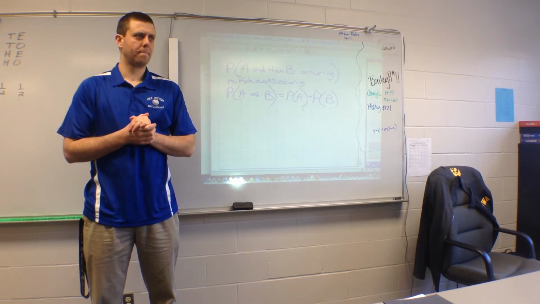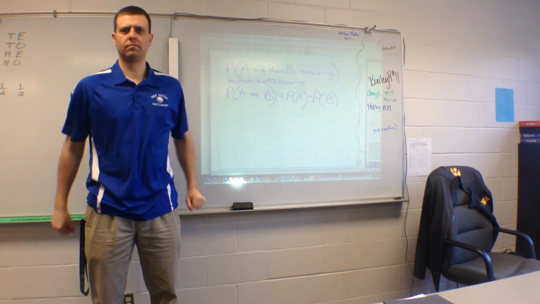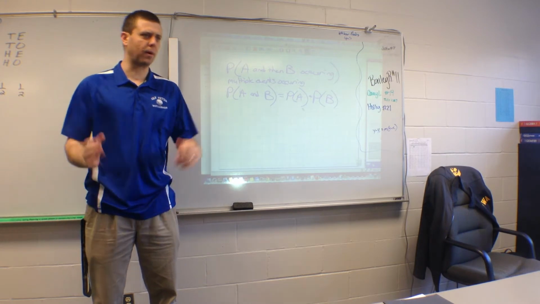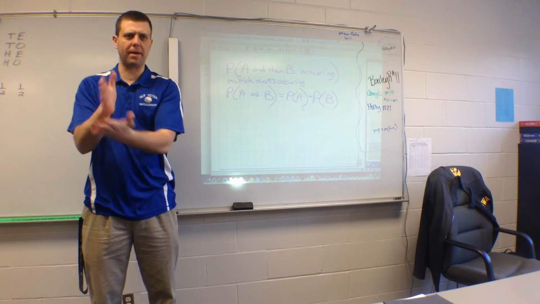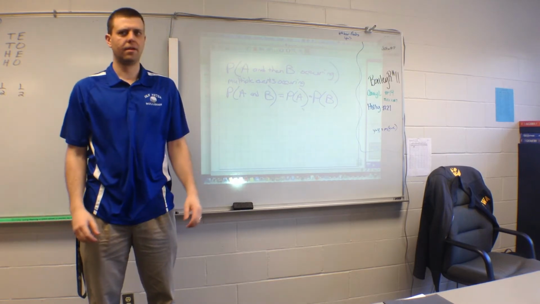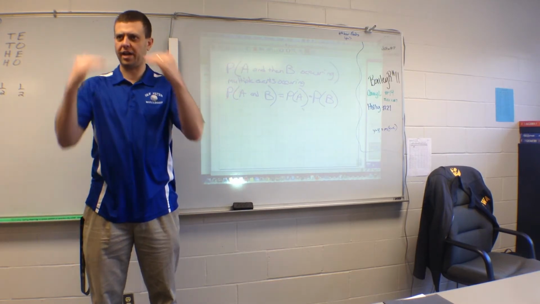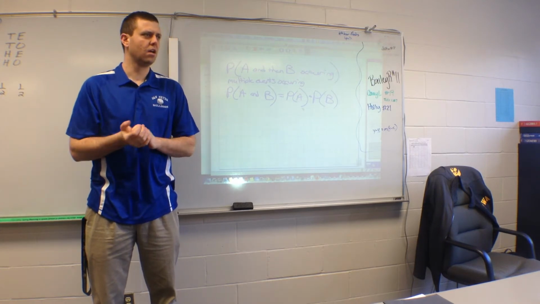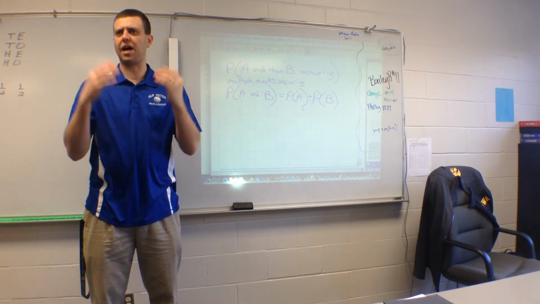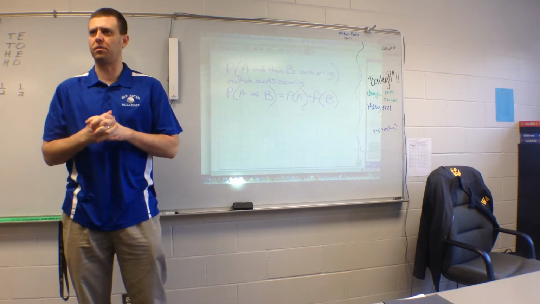No. Well, what's the probability I make the first one? 80%, 8 out of 10. What's the probability I make the next one? 8 out of 10. So what's the probability I make the 2 right in a row? 64 out of 100, right? 8 over 10 times 8 over 10 would be 64 over 100, or 64%. There's a 64% shot that I make 2 free throws in a row.